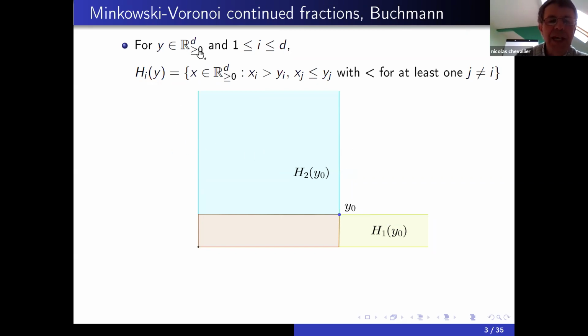So if we have d equals 2 and a point y0, we have two sets, H1 here and H2 here.